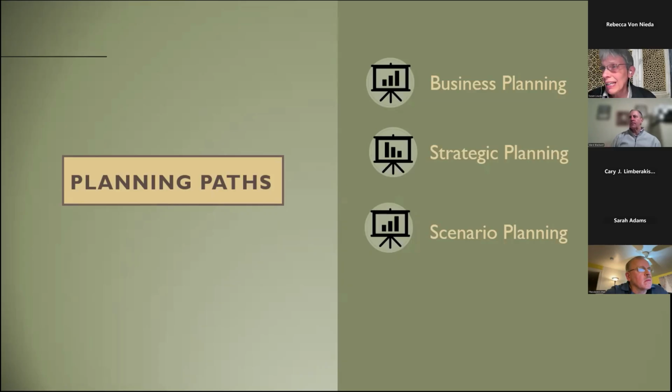Both business planning and strategic planning are kind of talking about what they think is within their control. Like, here's what we think we can do. Here's how we think we can get there. Scenario planning is really operating largely outside of that area of control. This is how we're going to plan when we have things coming at us that we can't control. So it's writing a different kind of story.